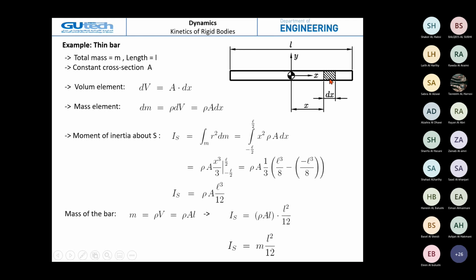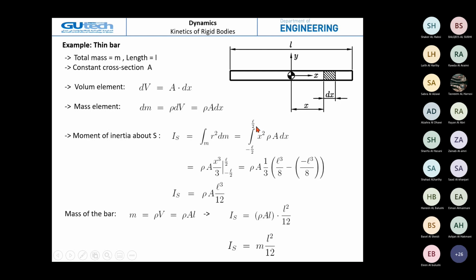If we take the point P at the center of it, the distance is only x, then we have x squared, and dm is only rho A dx. Rho and A are constant, so we take them out of the integral.